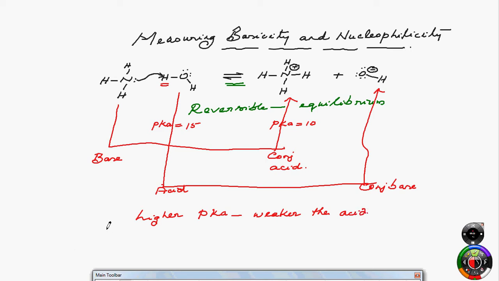What it means is H2O with pK value 15 is a weaker acid compared to NH4 plus. So NH4 plus is a stronger acid.